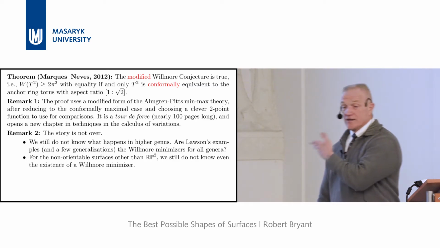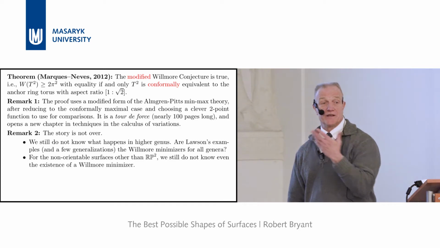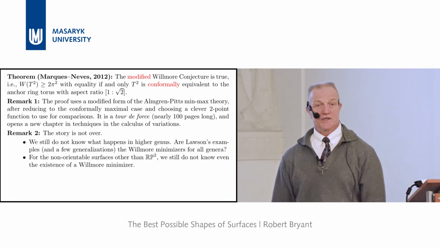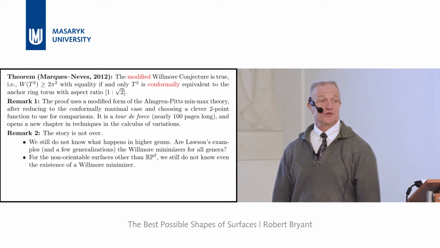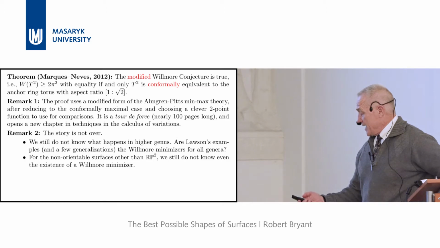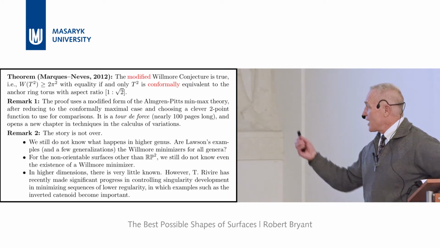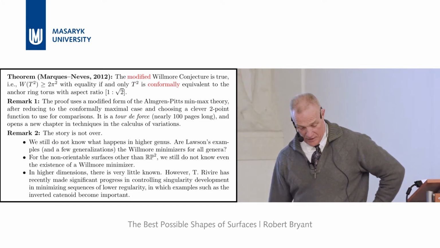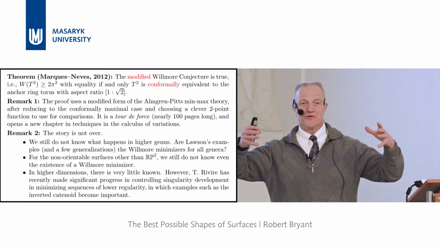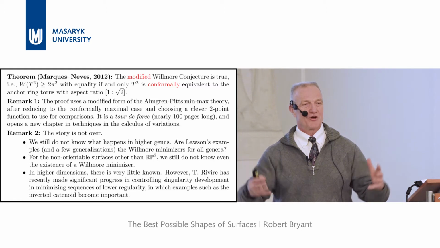As I was saying, in a non-orientable case, we really don't have any control over the kinds of singularities that can be developed. We need new tools for understanding those things. And in higher dimensions, all this work was to find the best shape of a surface in R³, but what about the best shape of a surface in R⁴?